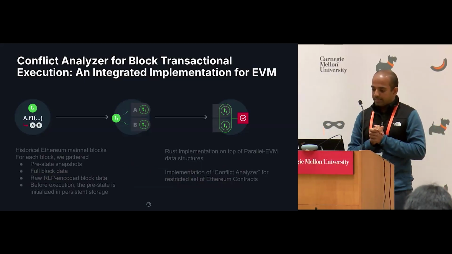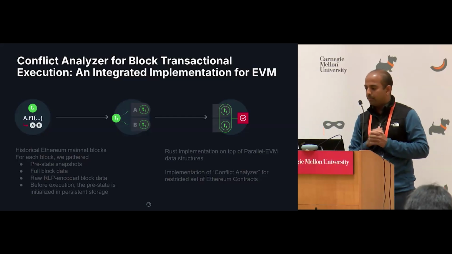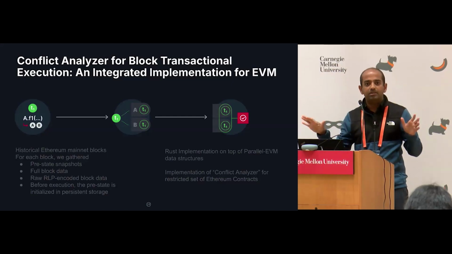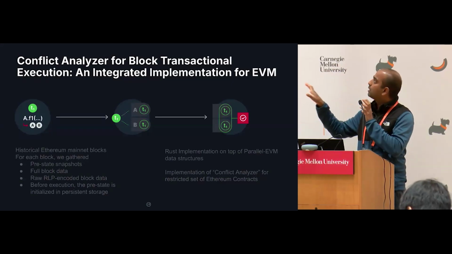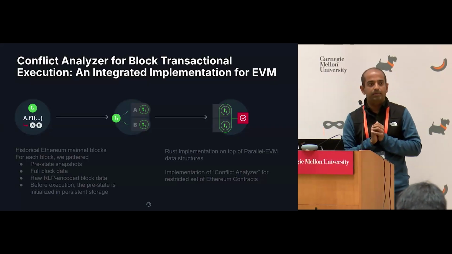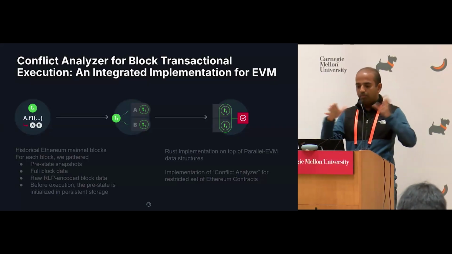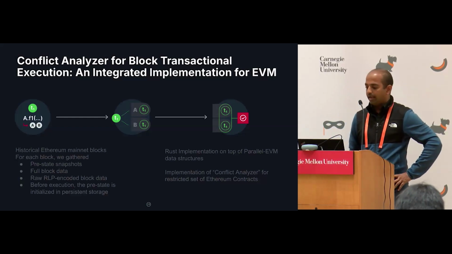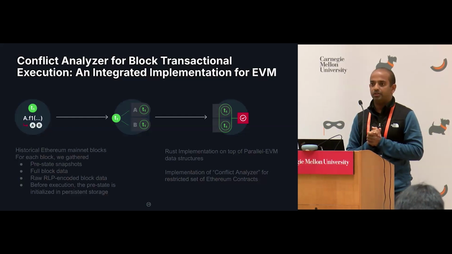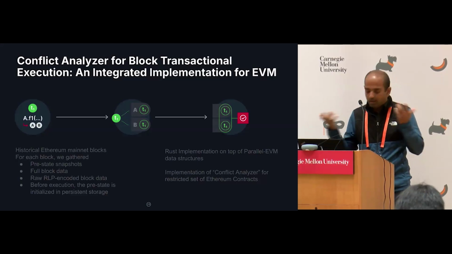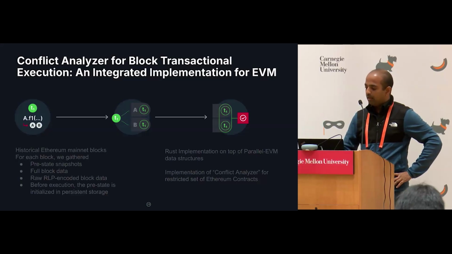So we built a large data set from historical Ethereum mainnet blocks. The theory of it is very general and very abstract. I'm going to just talk about some high-level results that we derived for the EVM implementation, where we built a full-blown conflict analyzer in order to construct these transaction dependency sets, and built a custom implementation which leverages this conflict analyzer for faster parallel execution.